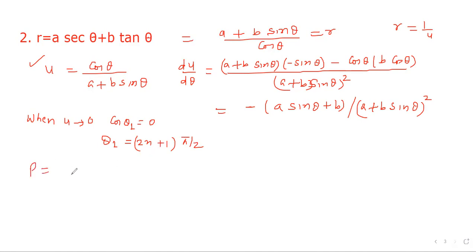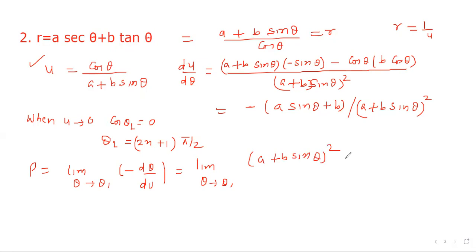Now we find p. P is given by limit theta tends to theta 1 of minus d theta upon du. So this will be equal to limit theta tends to theta 1, and d theta by du will be just the inverse of it. Since there is a negative sign, if you make it negative, this sign will get cancelled. So we will get a plus b sine theta whole square divided by a sine theta plus b.